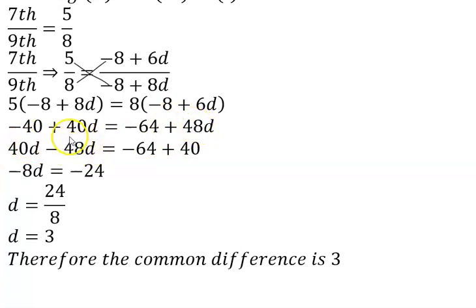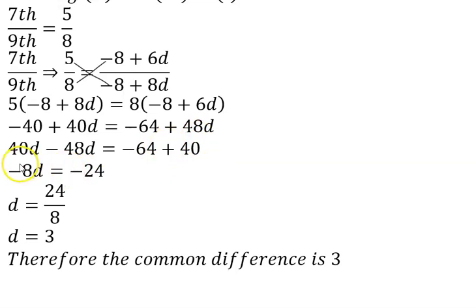Minus 48d. We have our minus 64 here already. This minus 40, the moment it crosses, changes to what? Plus 40. Awesome. So 40d minus 48d will give us what? Minus 8d. Minus 64 plus 40 will give us what? Minus 24.